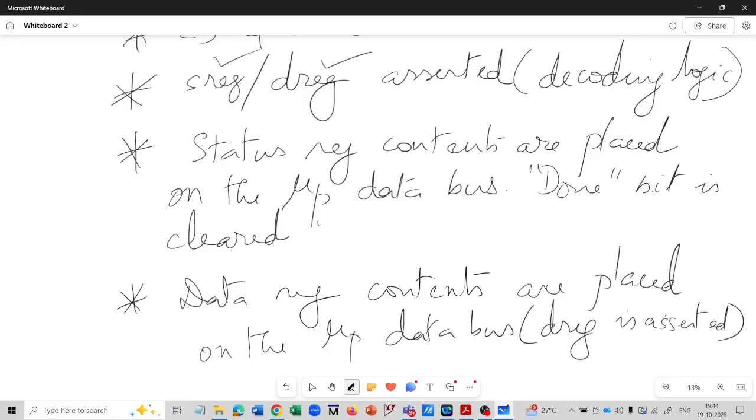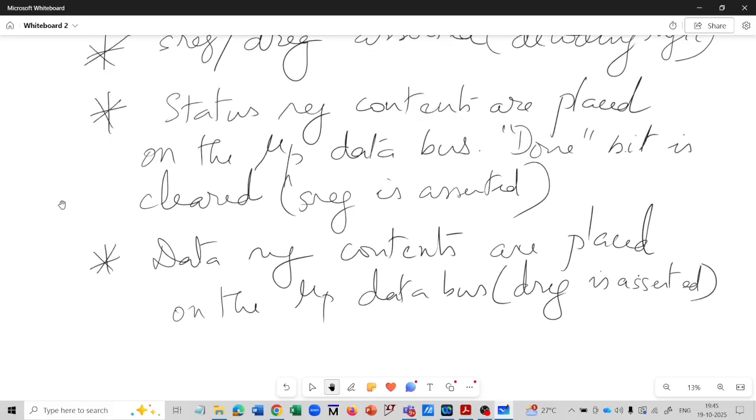So you can see that the read from the processor into the status or data registers are similar, except with the difference that when the status register is read, in addition to placing the contents of the status register on the data bus, the done bit is also cleared. Whereas in the case of the data register, the response of the controller is just limited to placing the data register contents on the data bus.